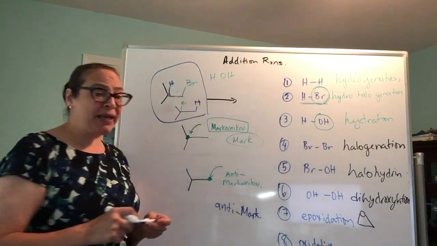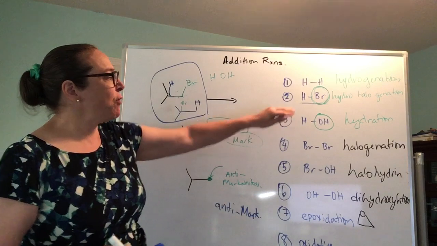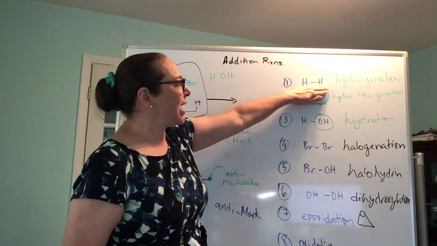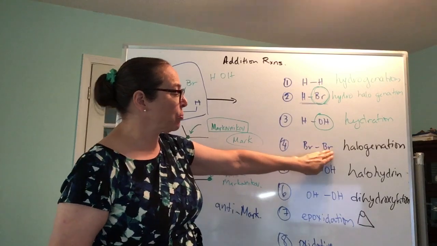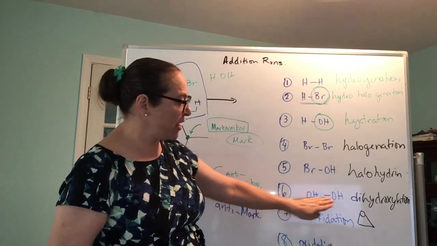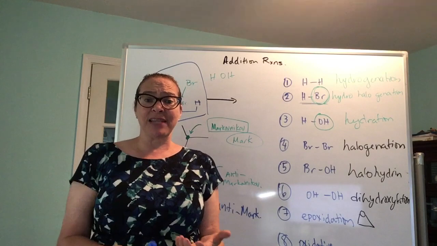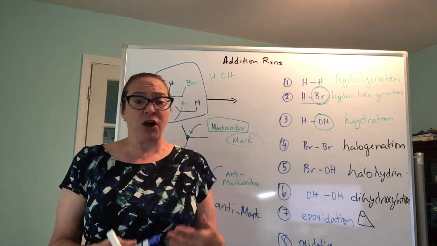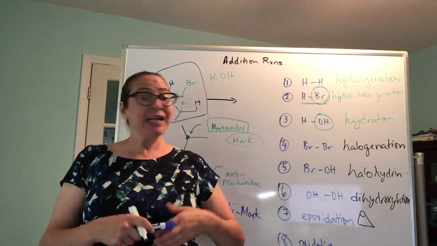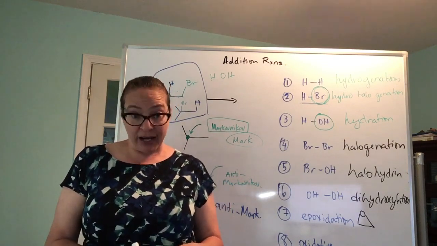Now, it would not be correct to say that if you're adding the same thing on both sides, like hydrogen and hydrogen, or bromine and bromine, or OH and OH, the reaction is Markovnikov or anti-Markovnikov. If you're adding the same thing to both sides, then the reaction is neither. It's just a plain and simple addition reaction.